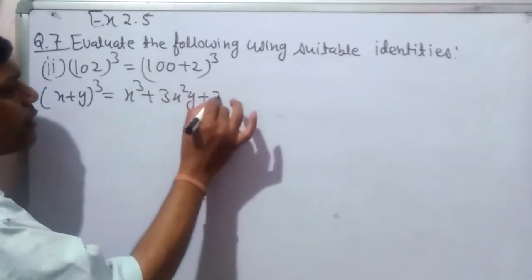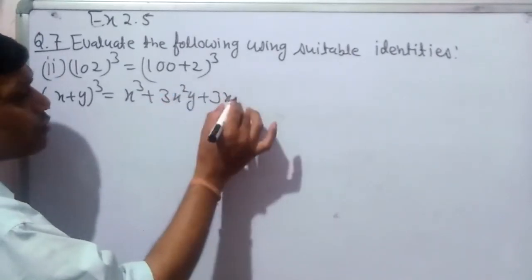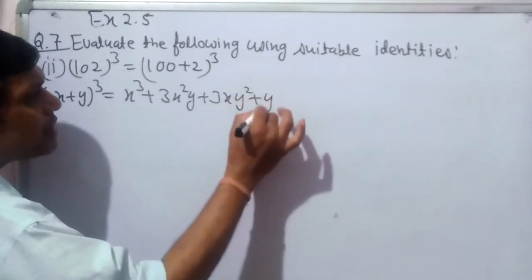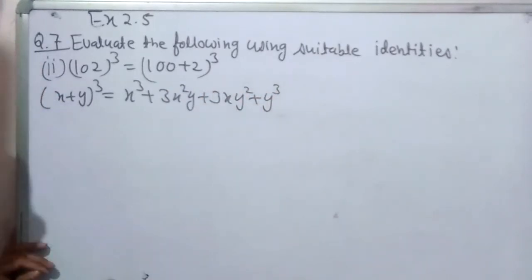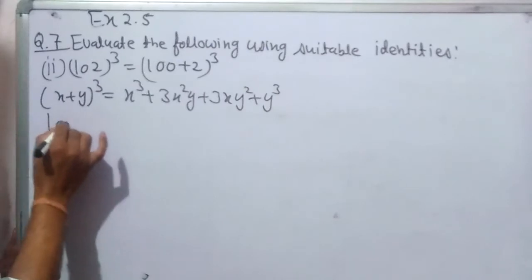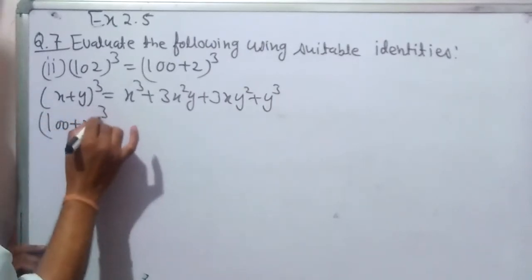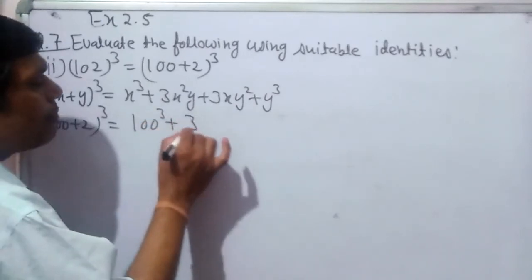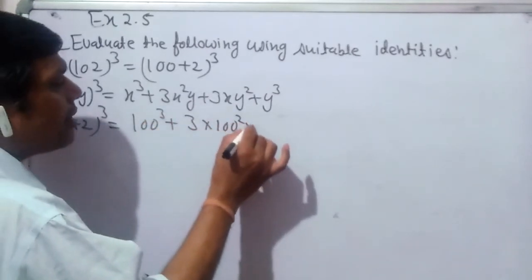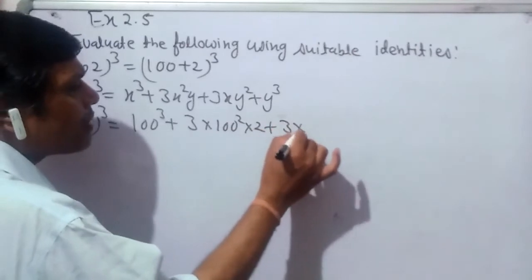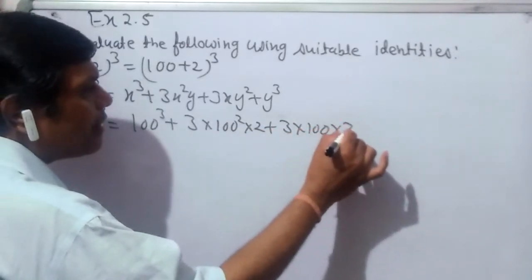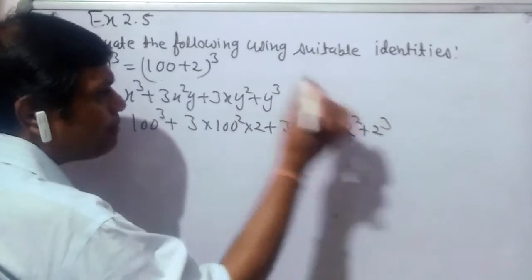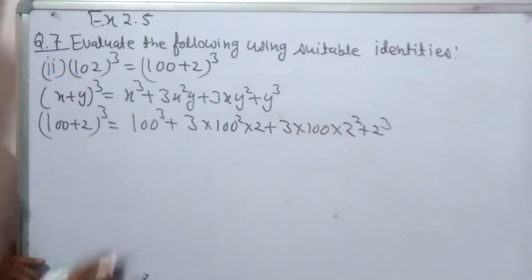That is giving x cube plus 3x square y plus 3xy square plus y cube. Put the values in it. 100 plus 2 whole cube should be 100 cube plus 3 multiplied by 100 square multiplied by 2 plus 3 multiplied by 100 multiplied by 2 square plus 2 cube.